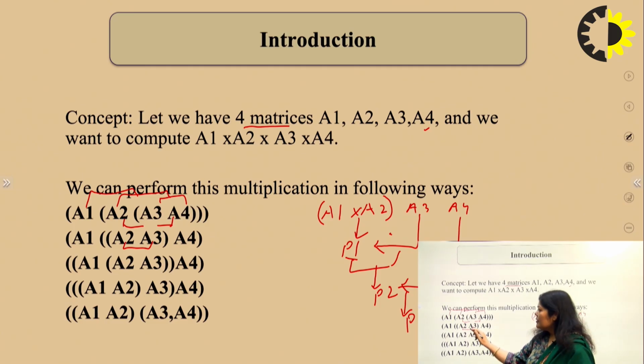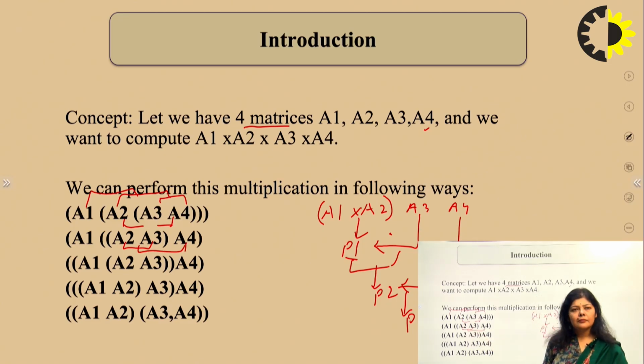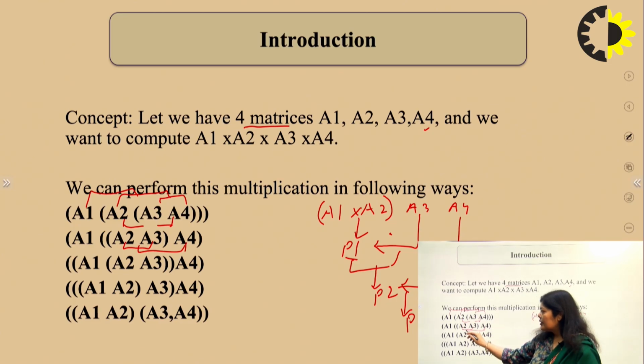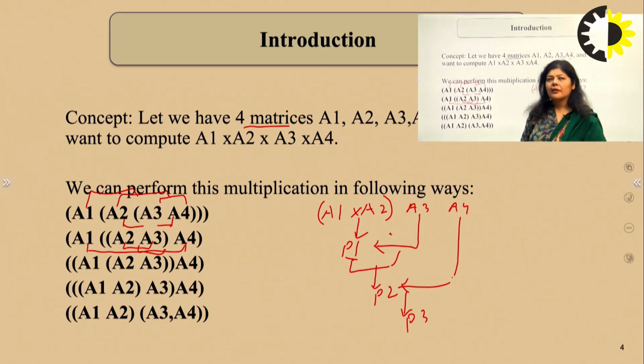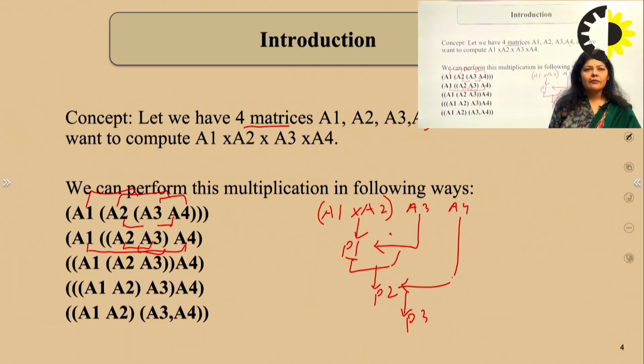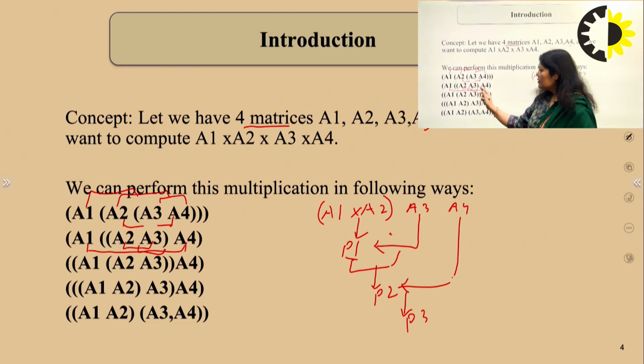Once I multiply, I get some product, and that product I multiply with A4. Now I get the product of A2, A3, A4, and this product I multiply with my matrix A1, which is left. So again, this is another sequence of putting parentheses around this chain of matrices.